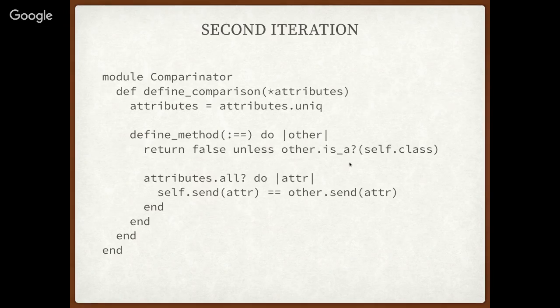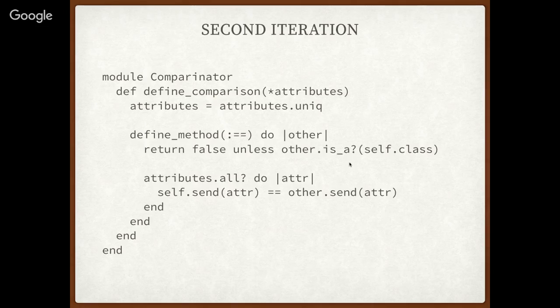So here's my second attempt at a Comparinator module. I'm going to have a method for it called define_comparison, and it's going to take a variable number of attributes.